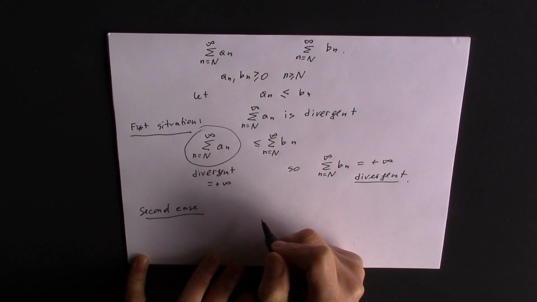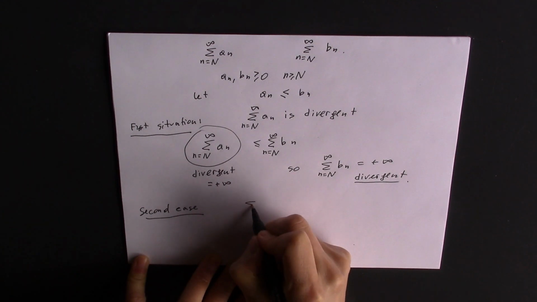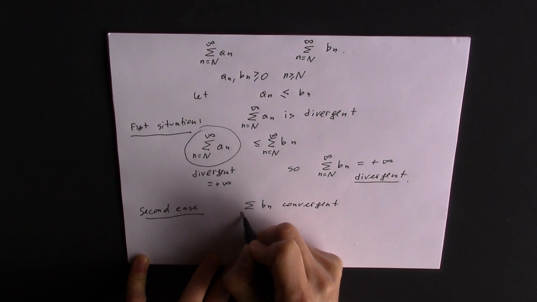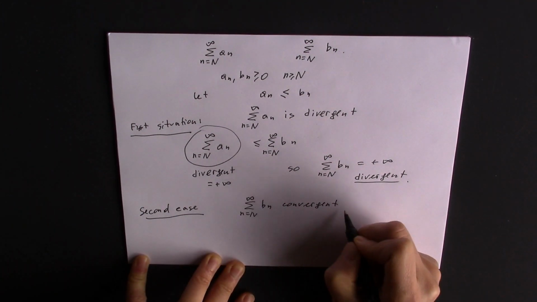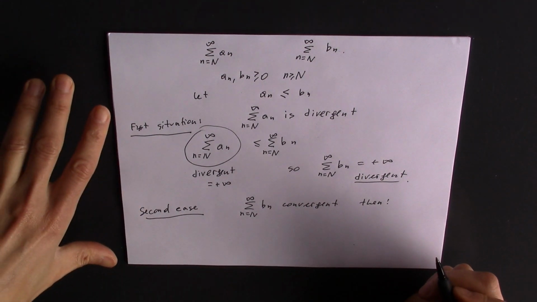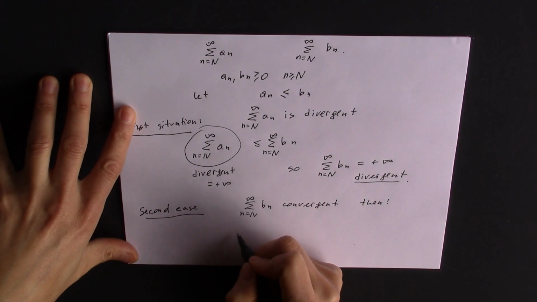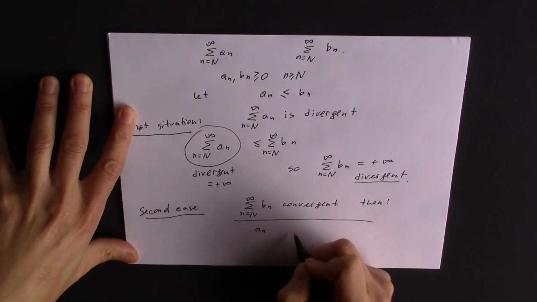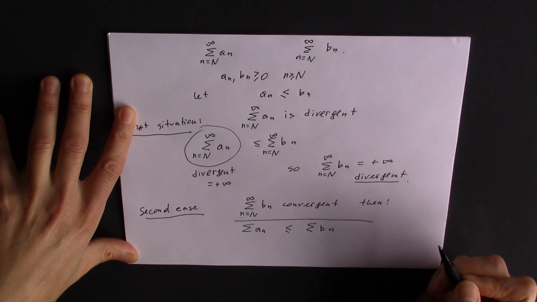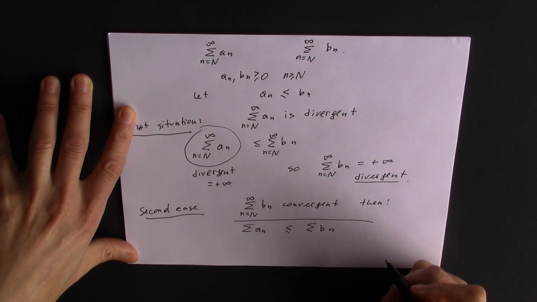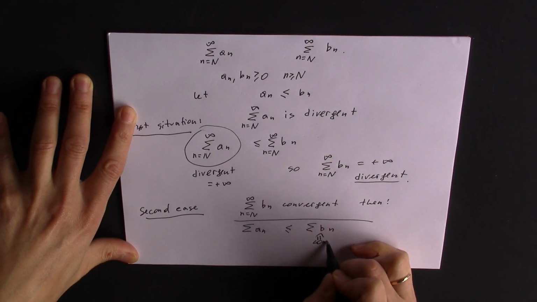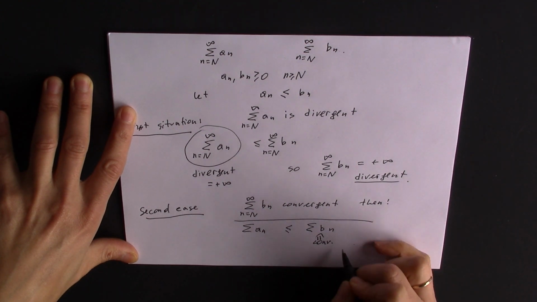Second case, if we start with the bigger series convergent, then we have a_n less or equal than b_n, add them up, we should get something which is smaller, and therefore this is convergent. The bigger series is convergent, so it's a finite number.